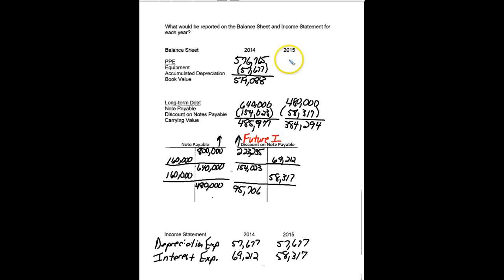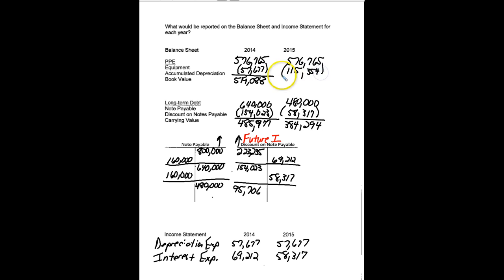On the balance sheet, the cost doesn't change. We only debited the equipment once for $576,765. However, accumulated depreciation has grown, right? We went from $57,677, we added another $57,677, so that has grown to $115,354.